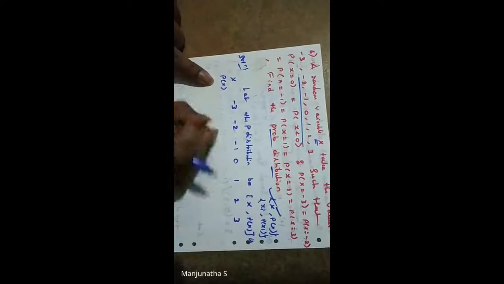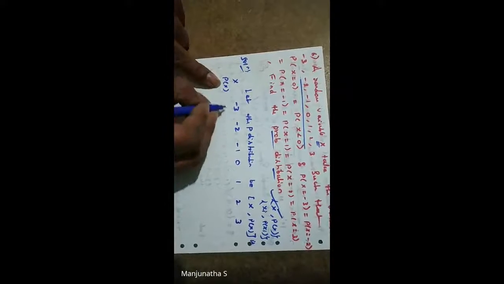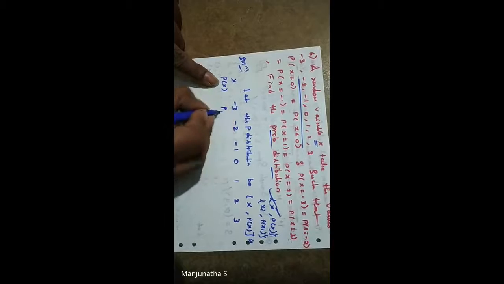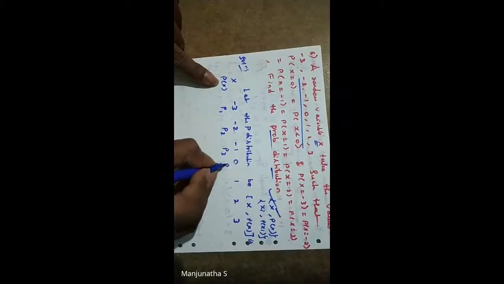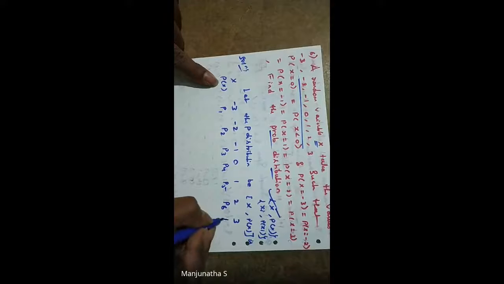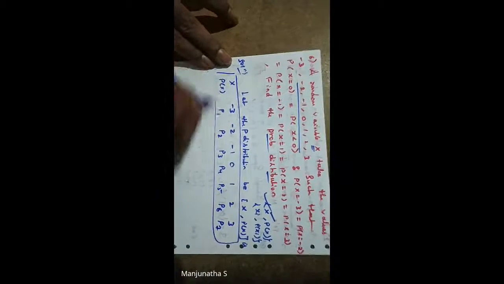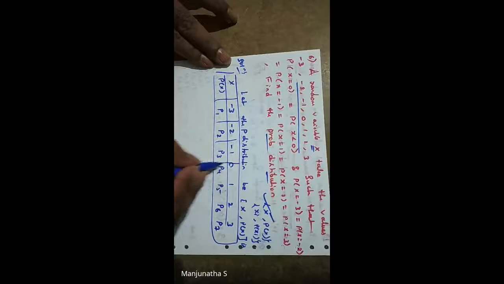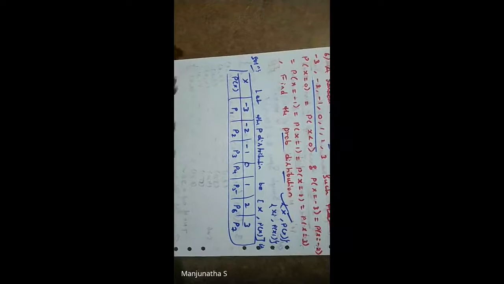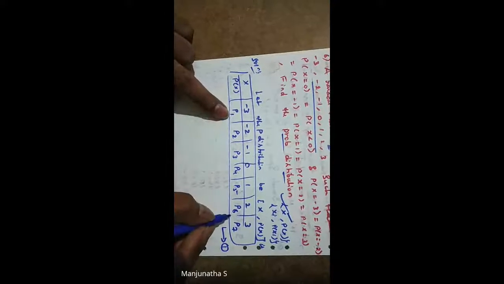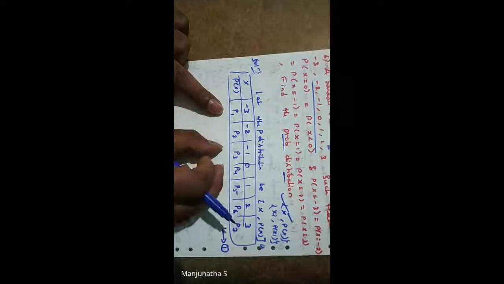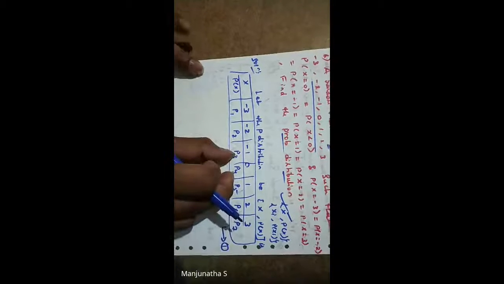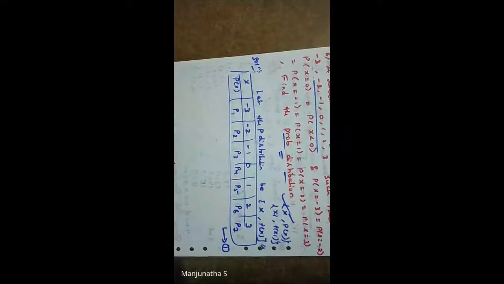We don't know the values of P of X, so let us consider P1, P2, P3, P4, P5, P6 and P7. Let us consider this as equation 1. We don't know the values of these P values, so once we get the P values, we substitute them in this table. That is your probability distribution, so you will get the answer.